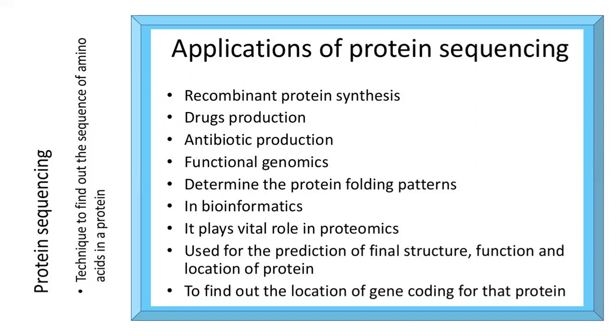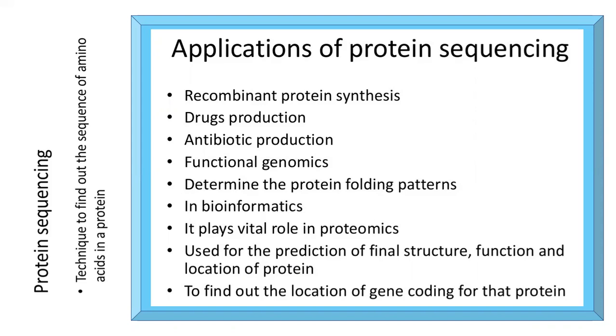Then in functional genomics, it can help us in identifying protein folding patterns. And we know that many of the toxins that are introduced into the body by microbial infections are mostly in the proteinaceous form.